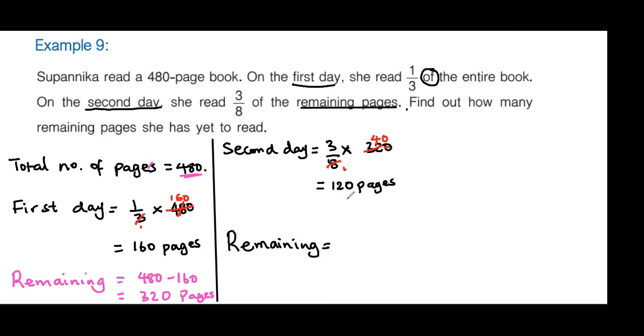Second day, she read 120 and she remained with how many? 320 minus 120. What is the answer? Yes? 200. 200 pages. So this means that she's remaining with 200 pages to read.